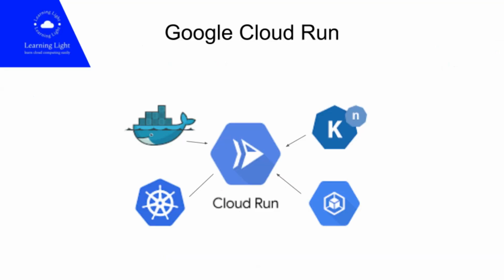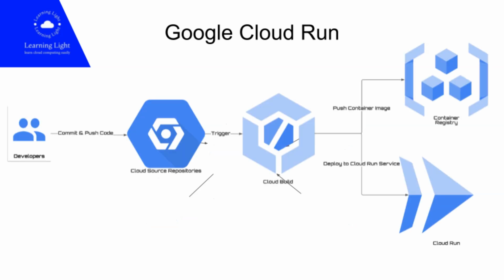Google Cloud Run is a managed compute platform that allows users to run containers on Google's scalable infrastructure. As I said, it's a serverless environment that abstracts away the infrastructure management so that users can focus on building applications.